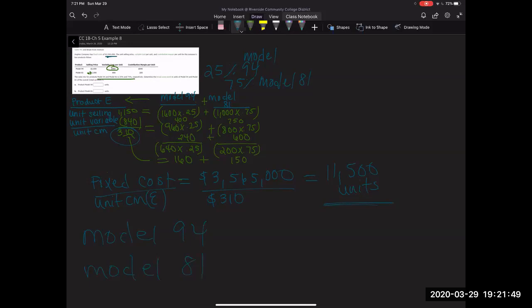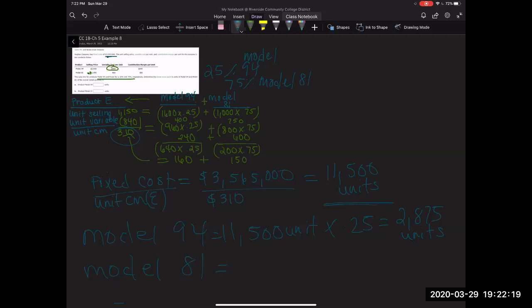For model number 94, we take the 11,500 units times its sales mix of 25%. That comes out to a break even of 2,875 units.